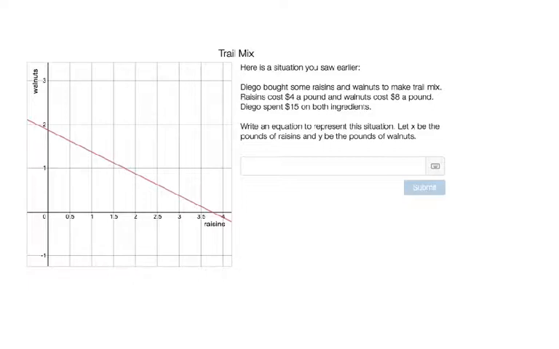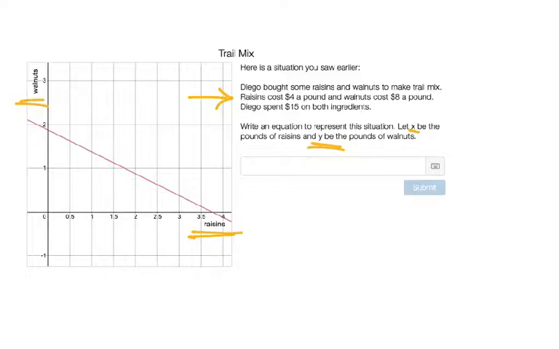What we want to know is, can we write an equation that represents the constraints or the situation where we've got X and Y? Take a look. X is raisins and Y is walnuts right up here. So what do we know?